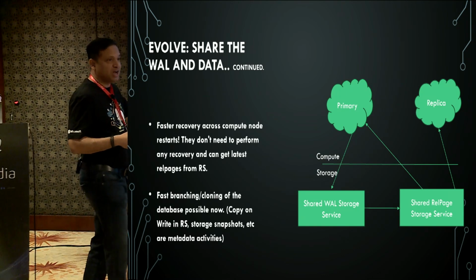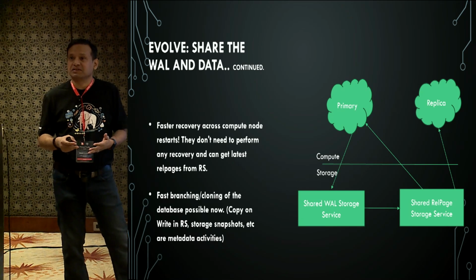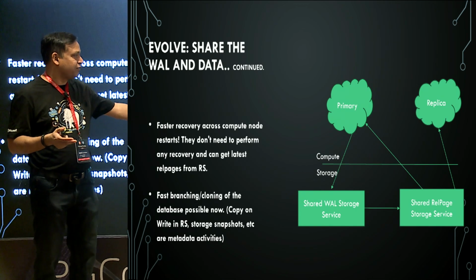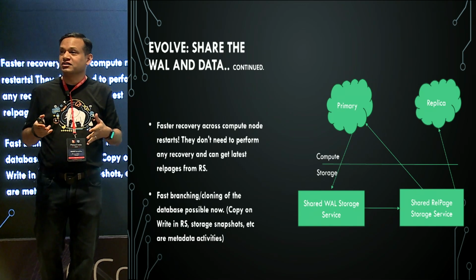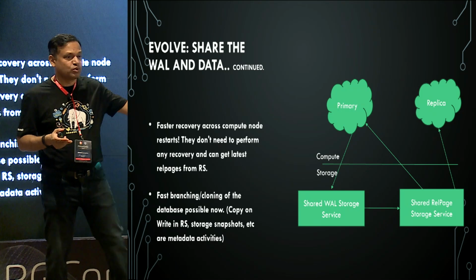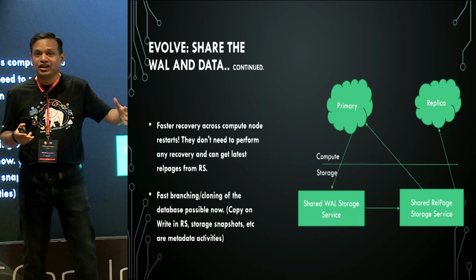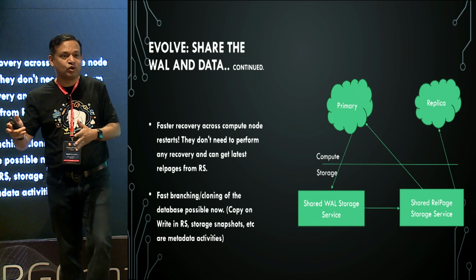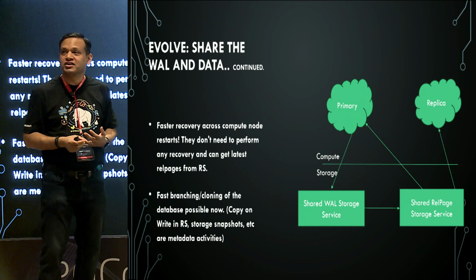And this also now allows you to do fast branching or cloning of your database. These technologies are now very well developed at the storage layer. So let's say if you want to clone a database, what you can do is at the storage level just take a snapshot, which is nearly instantaneous nowadays based on the technologies that we have, copy on write or other fast snapshots that all these cloud providers provide.